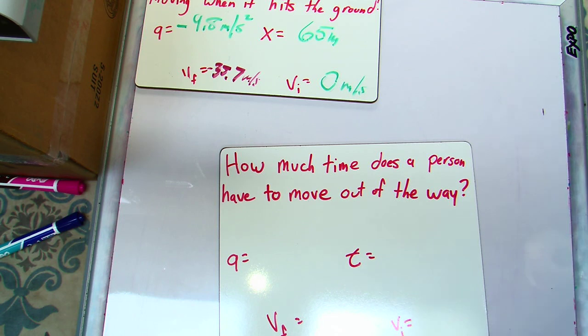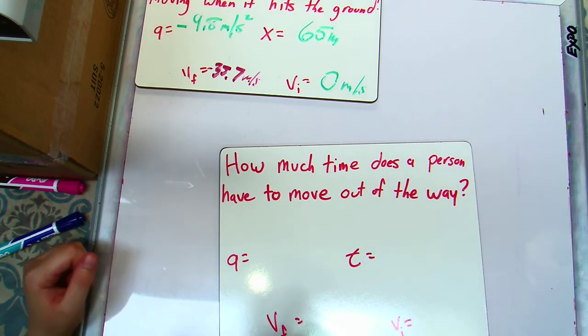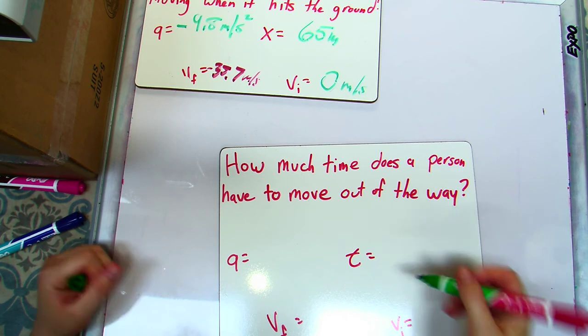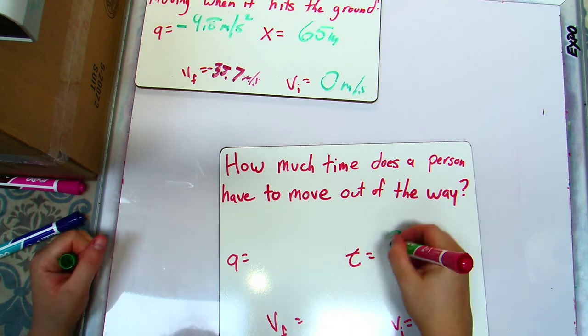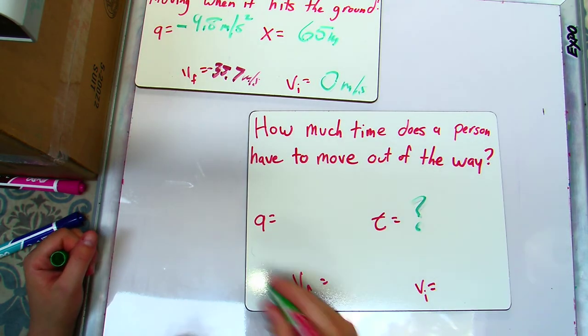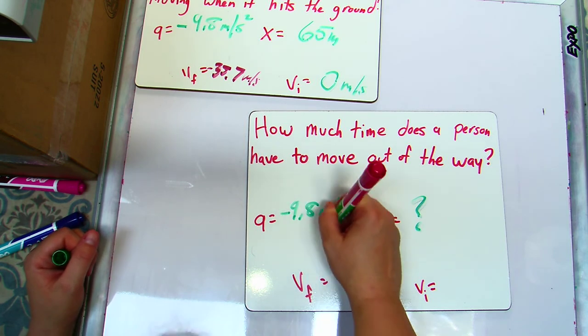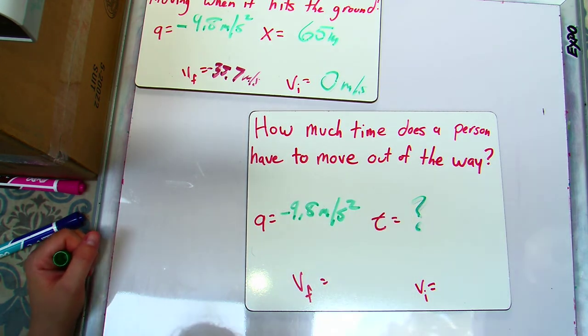Well, what do we know? If we're looking for time, then that means we don't know it. But we know the rest of these. Again, free fall, so it's negative 9.8 meters per second squared for the acceleration.